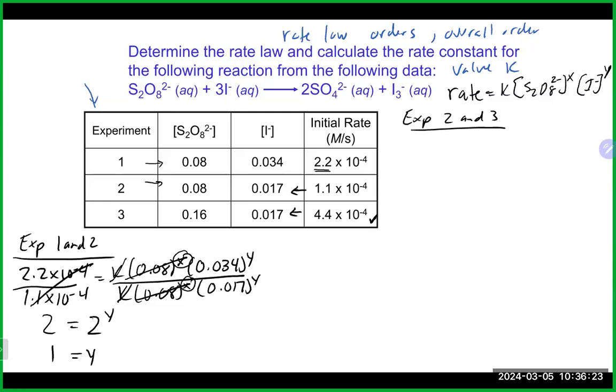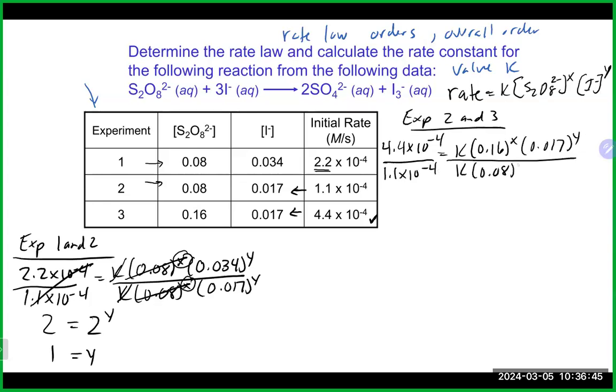So I'm going to do number 3 up on top, and that would give me 4.4 times 10 to the minus 4 is equal to K, 0.16 to the X, 0.017 to the Y. Once again, I'm going to now put experiment 2 on the bottom, 1.1 times 10 to the minus 4, K, 0.08 to the X, 0.017 there to the Y. Any questions on where any of those numbers come from?